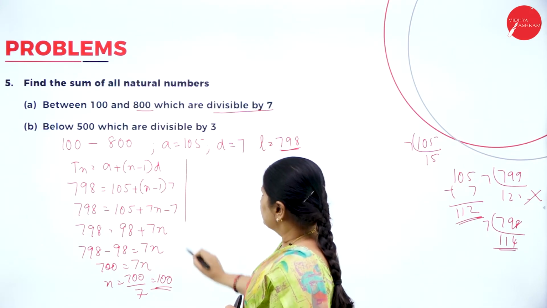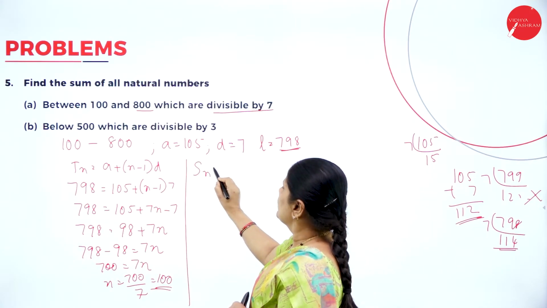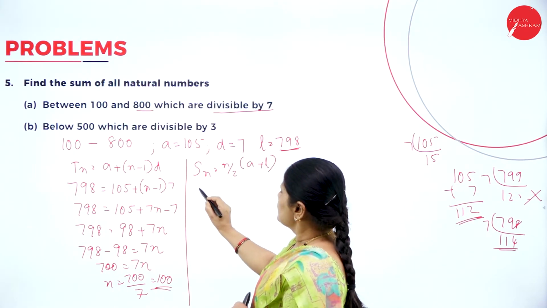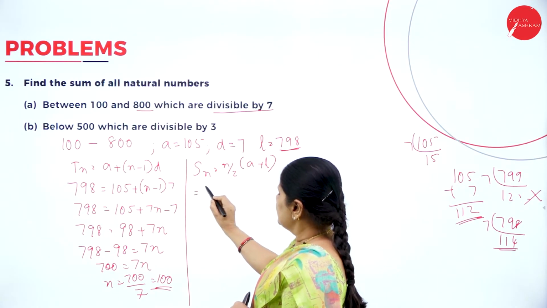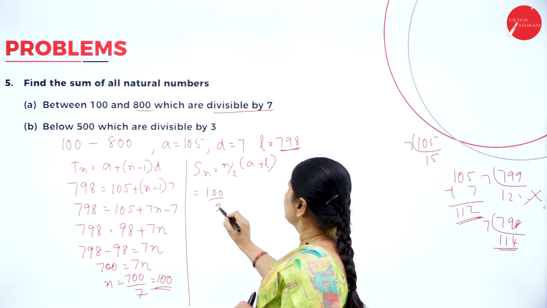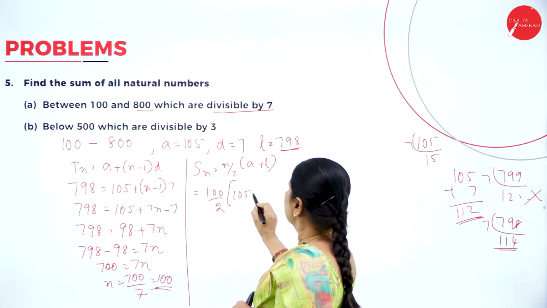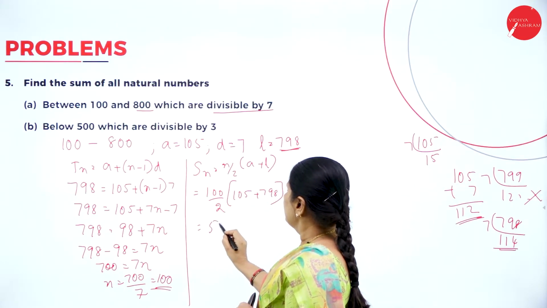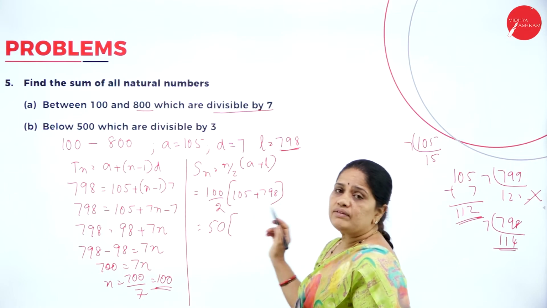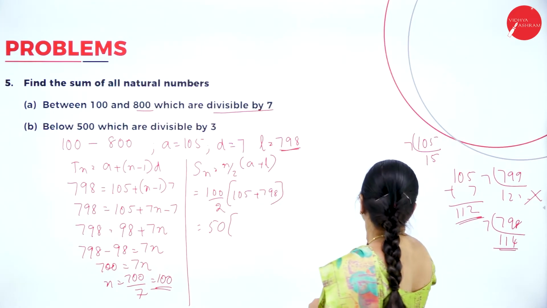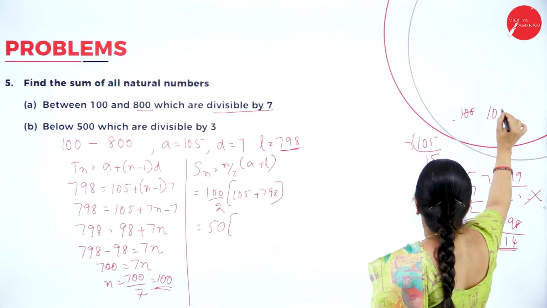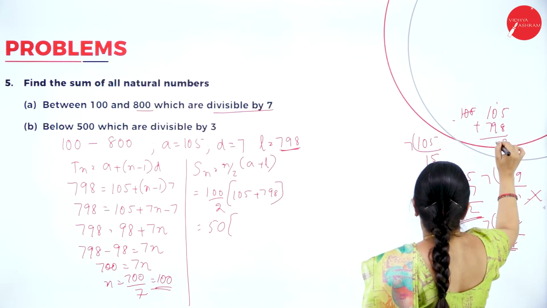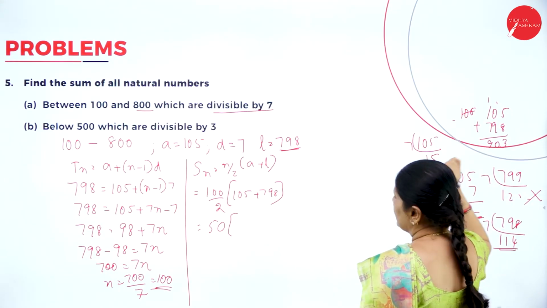Now I will write the formula. Sn equals n by 2 into a plus l. So 100 by 2 into 105 plus 798. So this will be 50 into 105 plus 798. 105 plus 798 is 903.